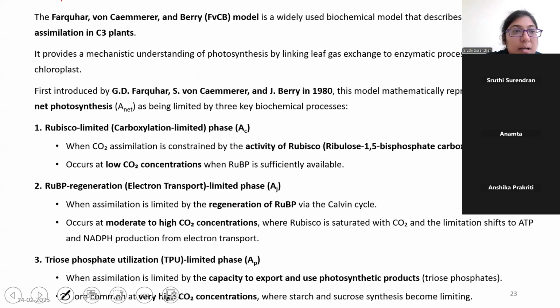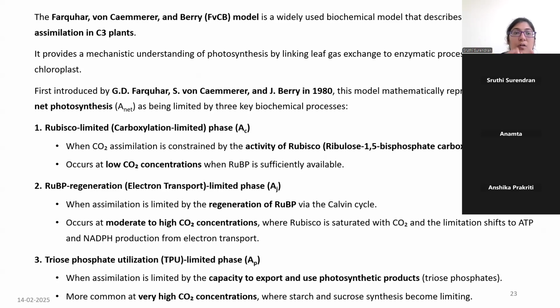So this model, the Farquhar-von Caemmerer-Berry model, is a biochemical model that describes the rate of carbon dioxide assimilation in C3 plants. It gives equations that link the process of photosynthesis with the enzymes in the plant, with the light absorbed by the plant, and with the amount of carbon dioxide available in the plant.